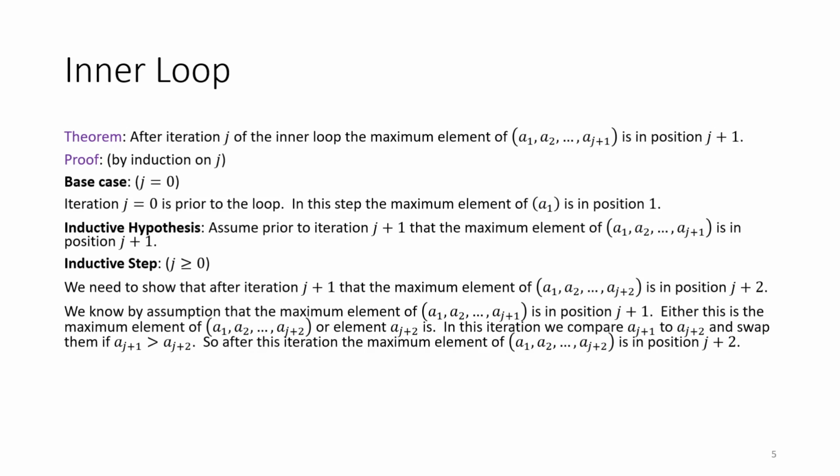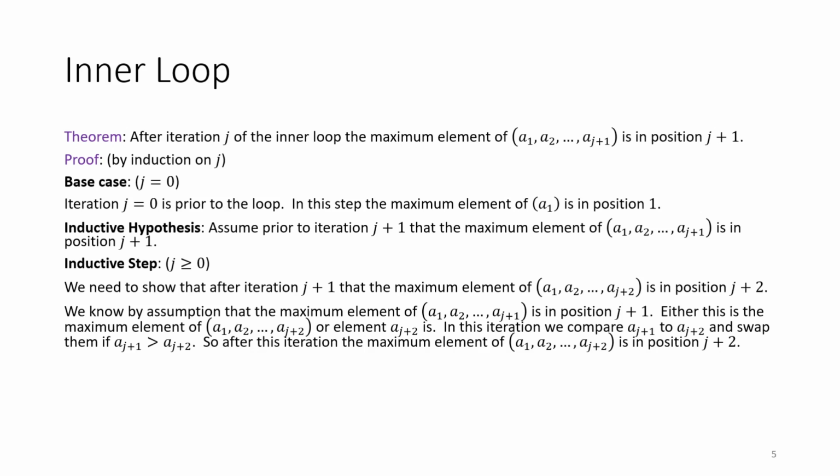Now, we set up all this inductive machinery just to get to this one punchline. This is the clever bit. The maximum element used to be in position a_j+1, or it might be the new element. After this step, it must be in position a_j+2. And we're good, because that's where the power of induction takes hold and carries on.